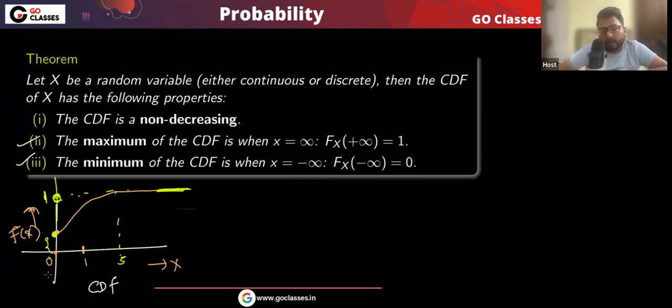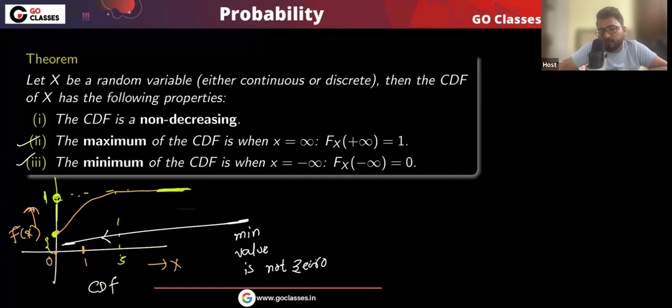So here I'm saying that the minimum value is not 0. That's why it is not valid. The minimum value is not 0, hence an invalid CDF.